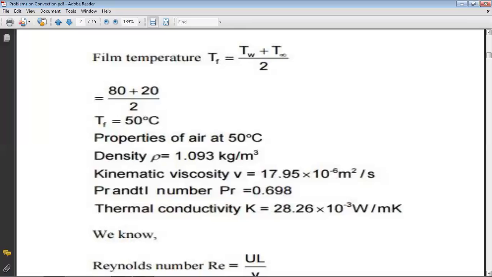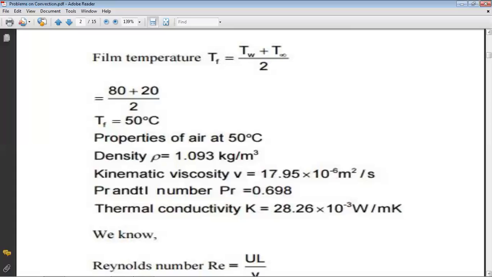Now for 50 degrees Celsius, you have the first column density, which is 1.093 kg per meter cube. Next is absolute viscosity or dynamic viscosity, which is 19.61 into 10 raised to minus 6 Pascal second.